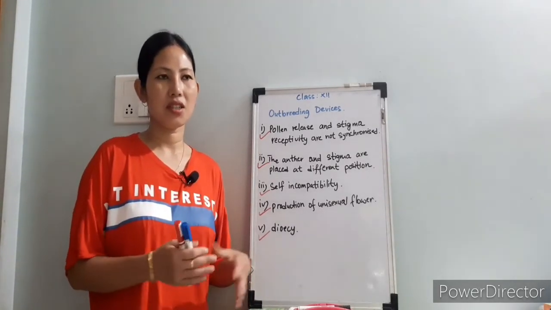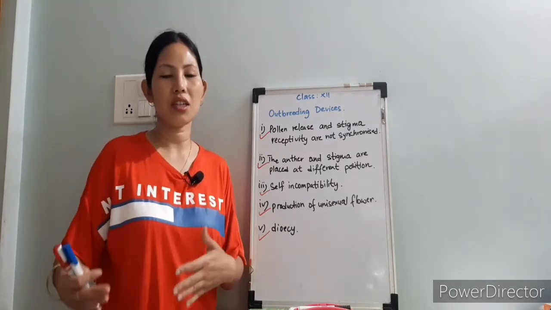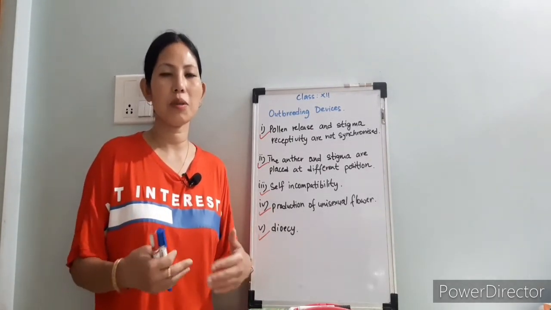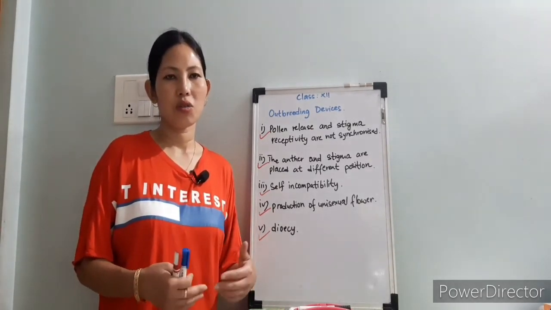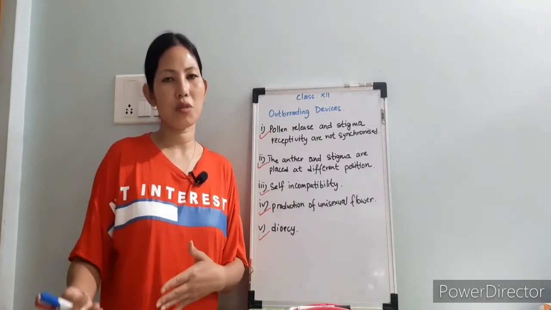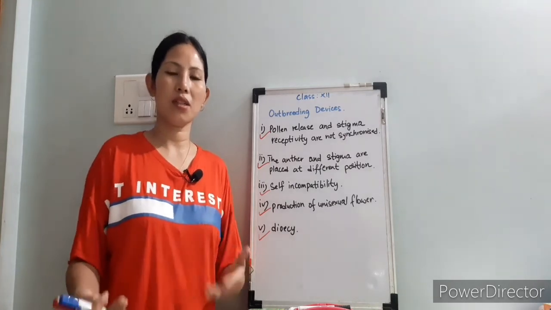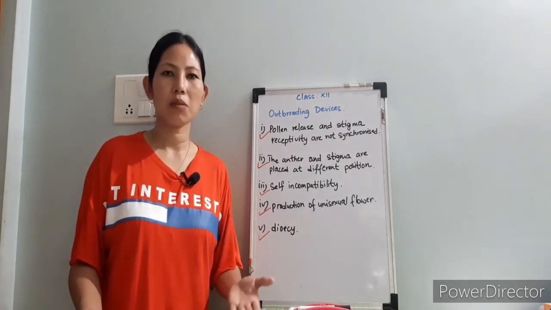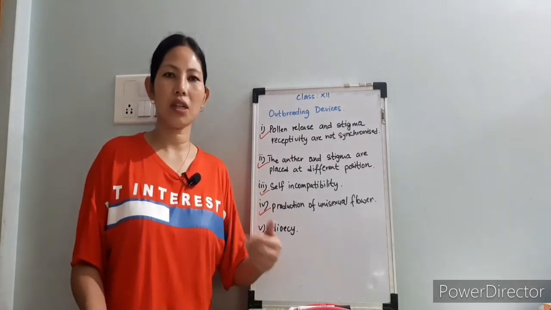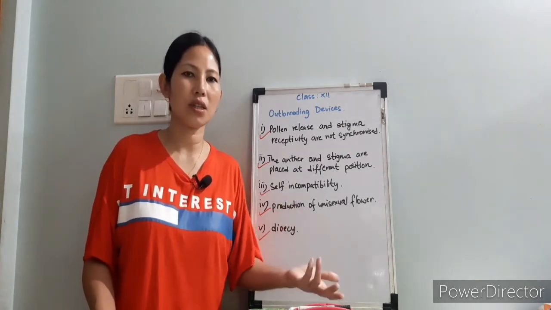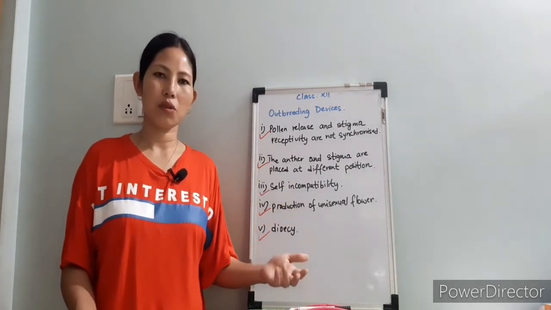Inbreeding depression means if the plant continuously goes for self-pollination, there will be no variation in them. So no variation means it's almost like asexual reproduction. It will not give them a better survival chance, as there will be no variation. And because variation is ultimately the basis for the process of evolution.